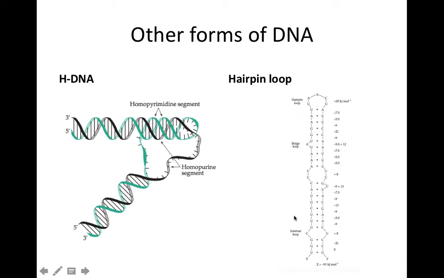Another DNA form, or nucleic acid form in general, that we can observe is a hairpin loop. In a hairpin loop, you usually have a single-strand nucleic acid. This can happen whether you have a DNA or an RNA, wherein they will have sequences that are complementary to each other. And because these sequences are complementary to each other, your entire strand folds on itself.